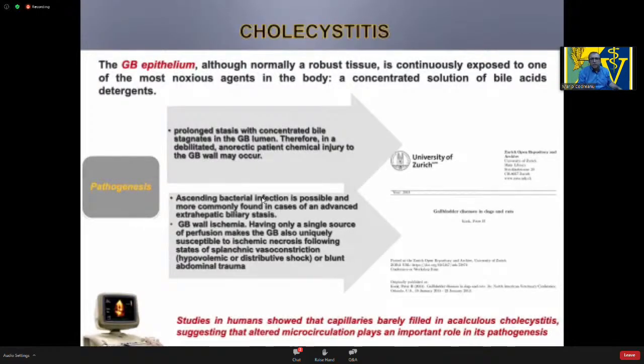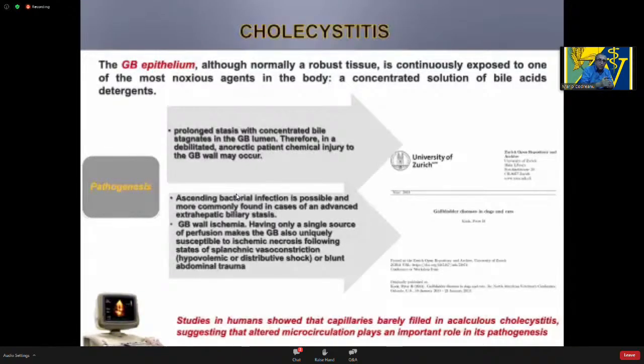in all cases, is recognized as a robust tissue, but it is continuously exposed to one of the most dangerous agents in the body. Try to remember and always have in mind that a concentrated solution of bile acid detergents is present in this cavitary organ.